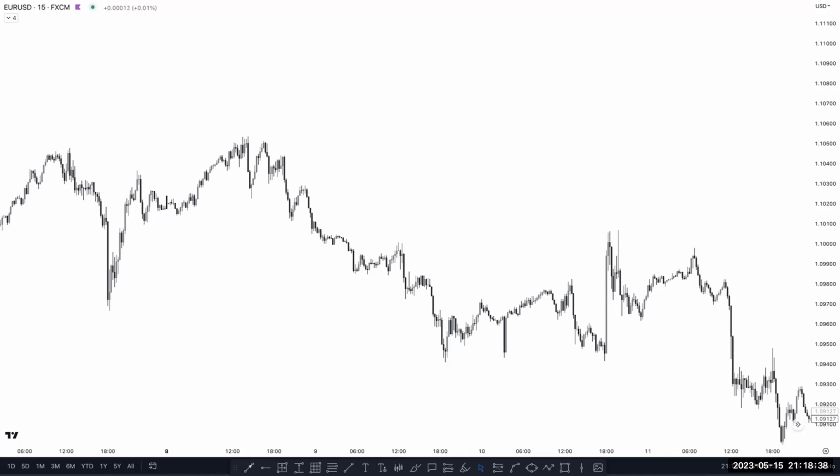EU gold, Euro USD, BTC, gold, GBP USD, Euro gold, Aussie USD, AUS30. Last time, I think we have done Euro USD, right?